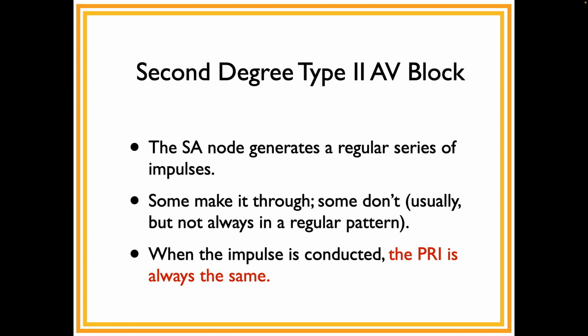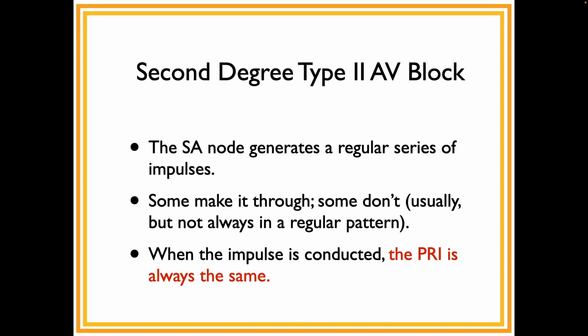We're almost there. Second degree type 2. The underlying mechanism is in a way a lot easier to understand. If there's a second degree type 2 AV block in the AV node, what happens is the SA node, per usual, is just throwing out impulses. They hit the AV node, and sometimes they are conducted through, and sometimes they are not.